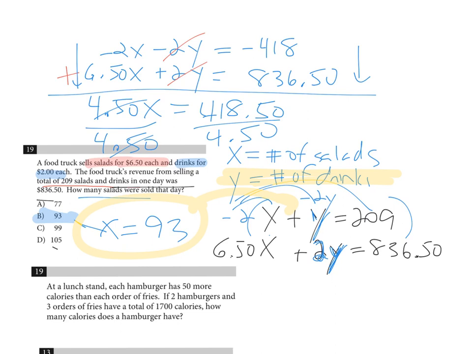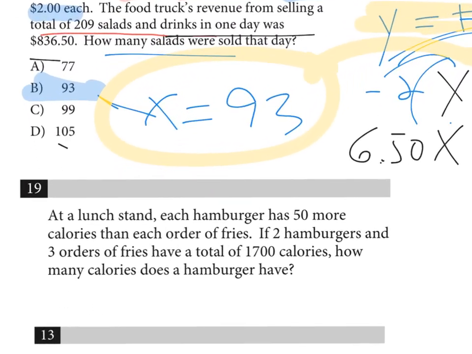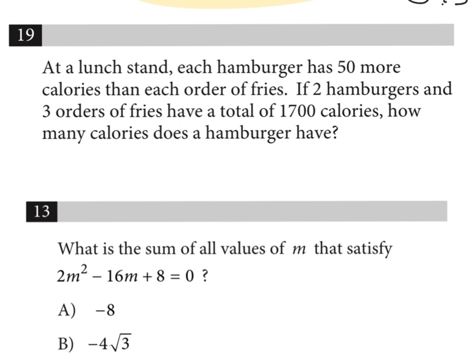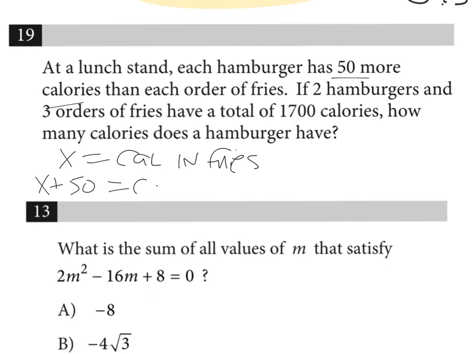Number 19, at a lunch stand, each hamburger has 50 more calories than each order of fries. So if I let x be equal to the calories in fries, and it says each hamburger has 50 more calories, so x plus 50 equals the calories in the burgers.